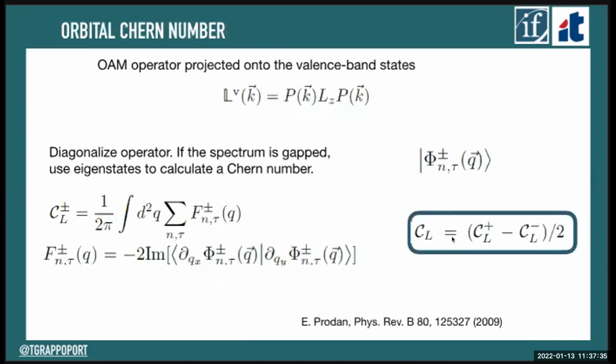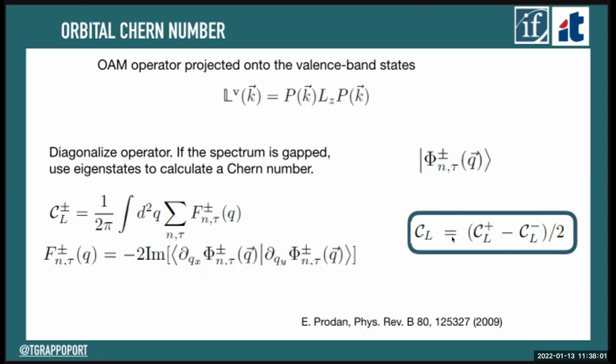Of course, the orbital angular momentum is not a good quantum number in these systems, but we can still calculate the orbital Chern number using an approach developed by Émile Brodin that he used for the spin and even for other operators.